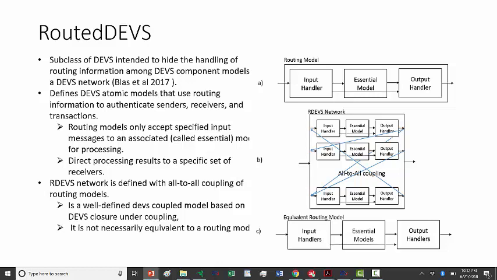So the routed DEVS is a subclass of DEVS, and Blas has proved that it's closed under coupling, and is equivalent to DEVS. So it does not increase the range, but does increase greatly the ability to work with routed situations.